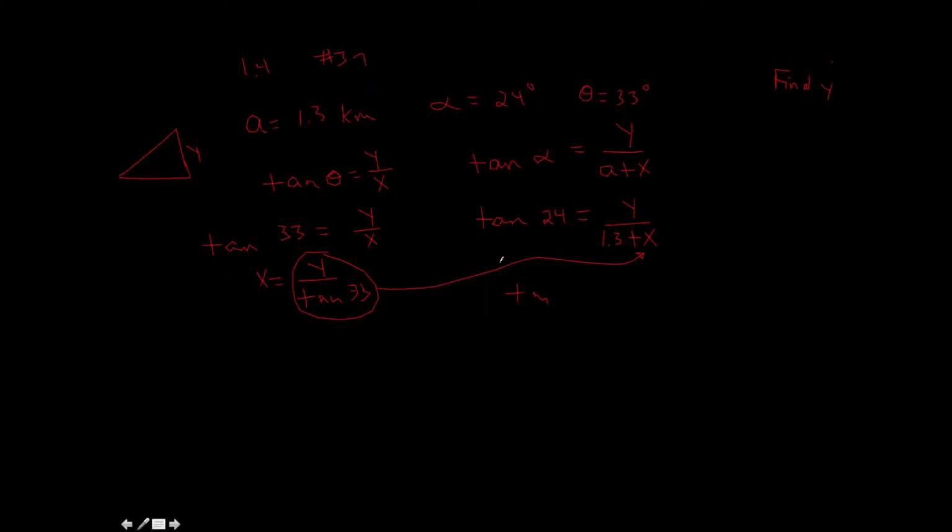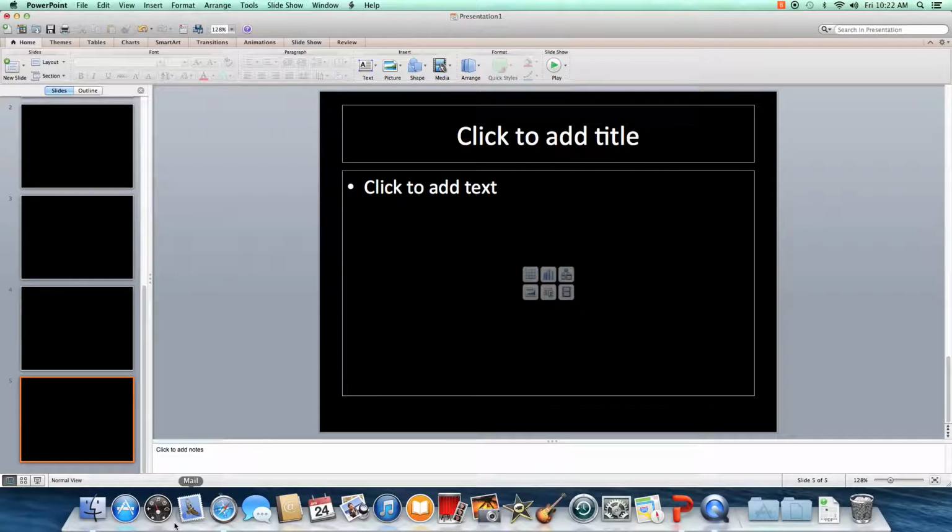So you have the tangent of 24 equals y over 1.3 plus y over tangent of 33.